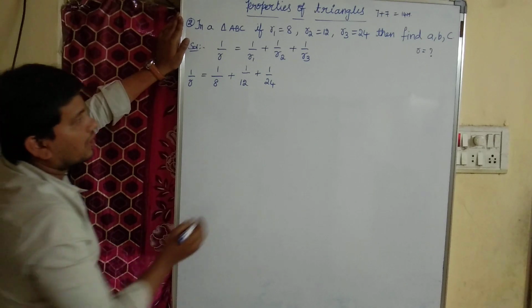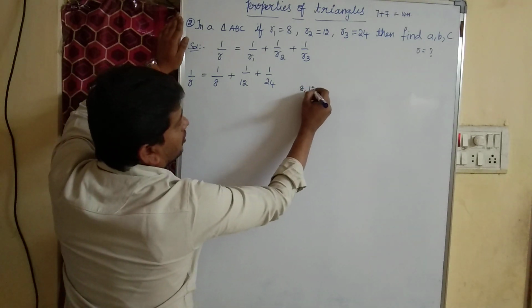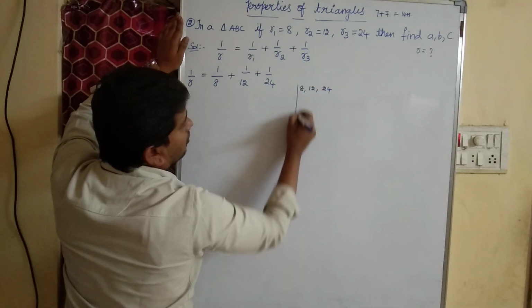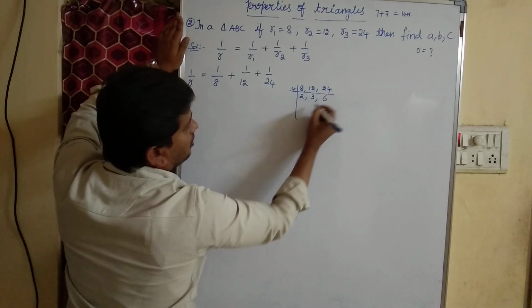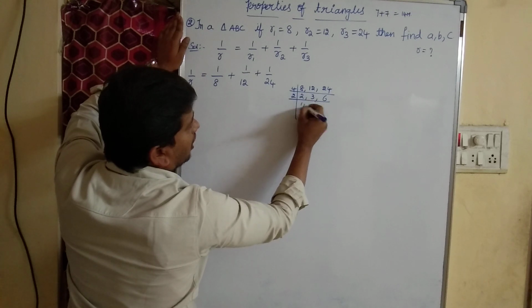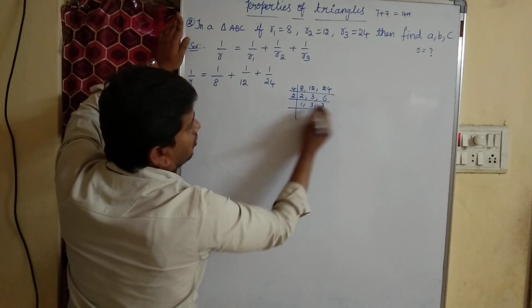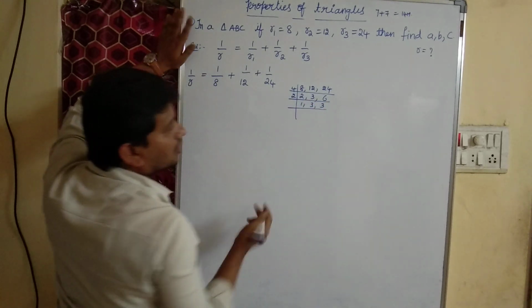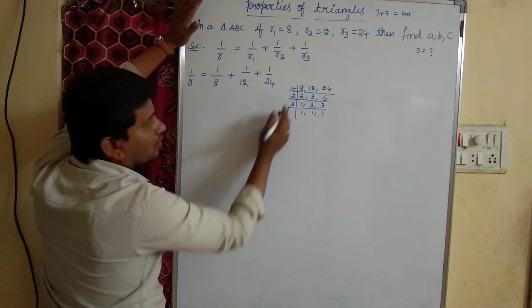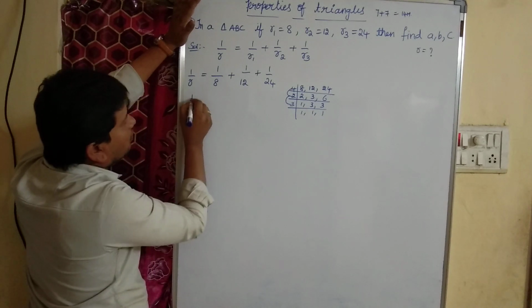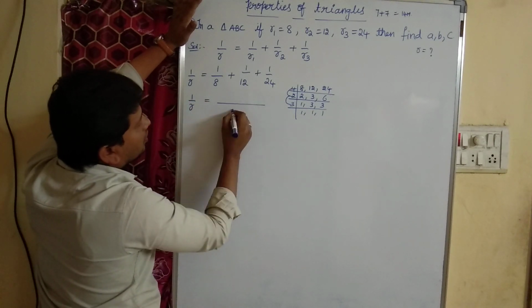Right? Now, what is the LCM of 8, 12, 24? 4 table, 4 2 ja, 4 3 ja, 4 6 ja. 2 table, 2 1 ja, 2 3s ja. Again 3 table. 4 2 ja 8, 8 3 ja 24. So LCM is 24.